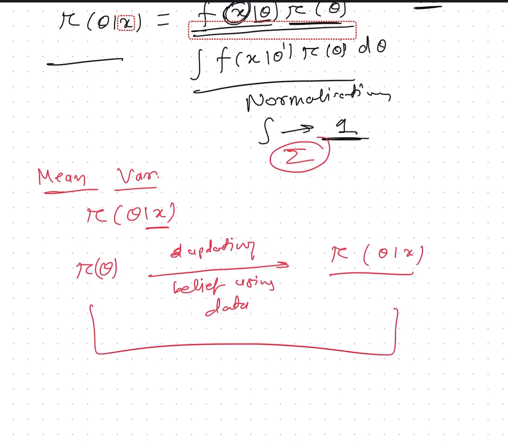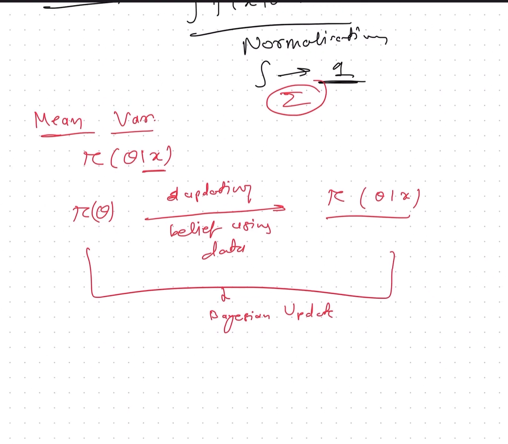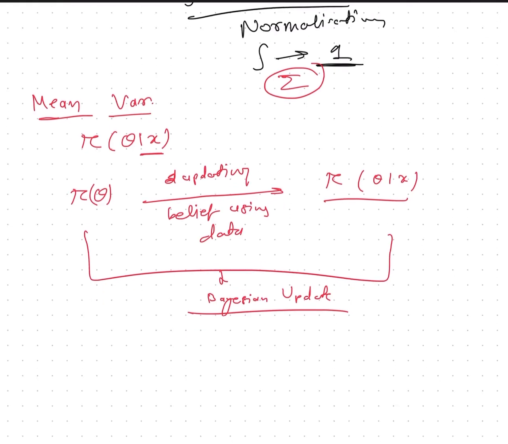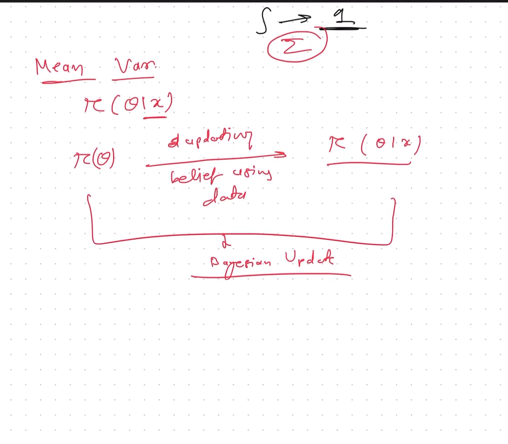This is what we call a Bayesian update. We can see this transition as a learning process.